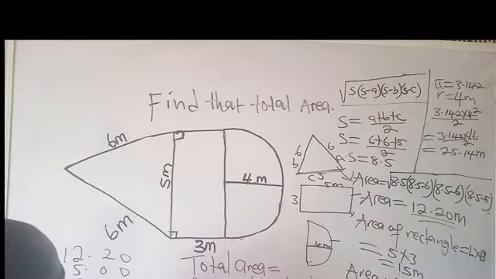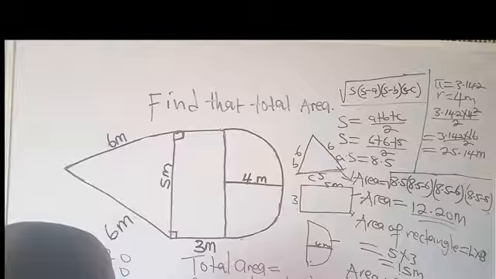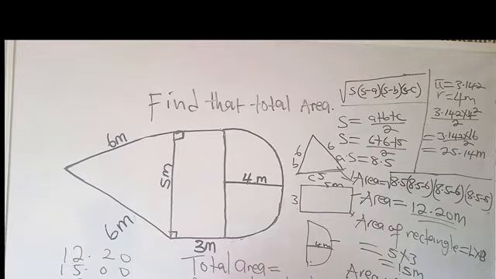So the total area is 52.34 square meters. That is the total area of this composite figure.